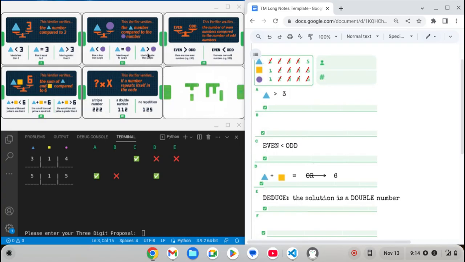In fact, triangle has to be greater than. So we'll deduce that. And yeah, again, glad I made that test. So we're going to say triangle should be greater than circle.